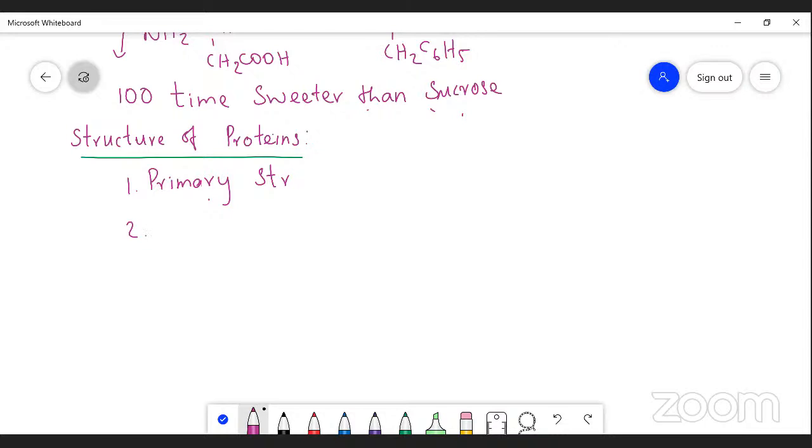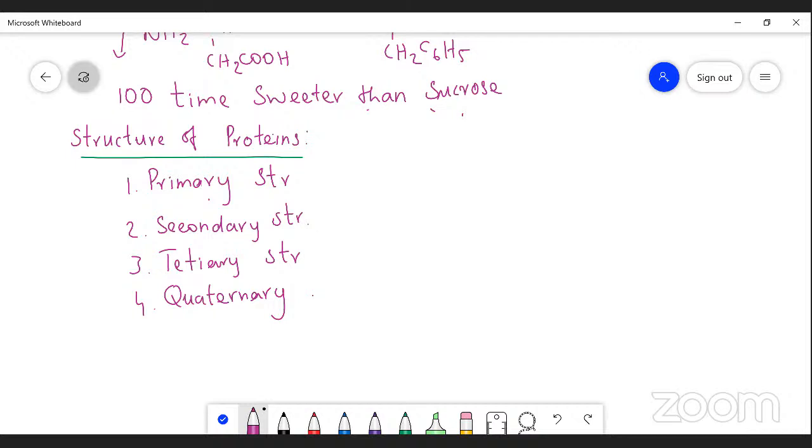So, the structure of proteins we may consider as 4 levels: primary, secondary, tertiary, and quaternary structures.